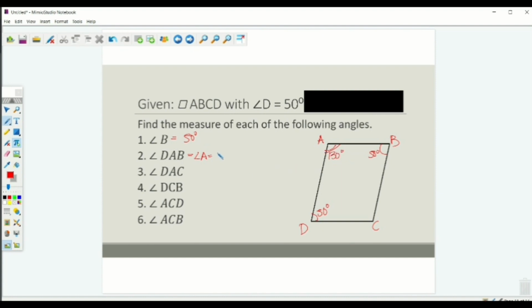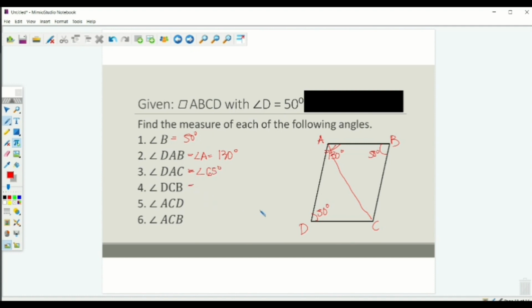So this is 130 degrees. For DAC, notice that it divides the angle A into two parts. So meaning, angle A now measures 130 divided by 2, that is 65 degrees.